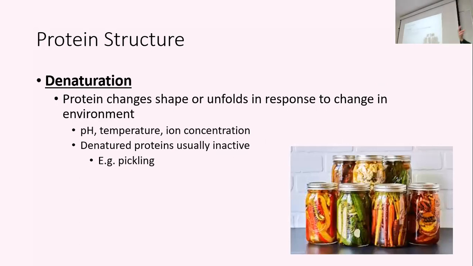So this idea of denaturation. Like we talked about, heat is one thing that will cause proteins to kind of lose their shape a little bit, but denaturation can happen for multiple reasons, right? Proteins can change shape or unfold in response to lots of environmental factors. So temperature is one. Things like pH, it becomes very acidic, right? Which your body shouldn't, right?